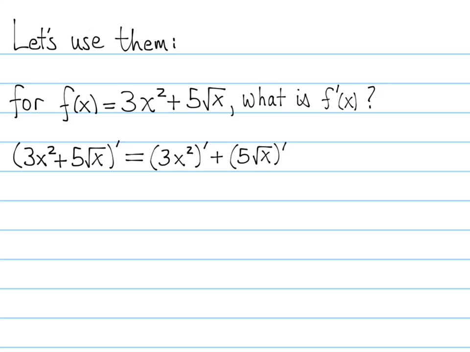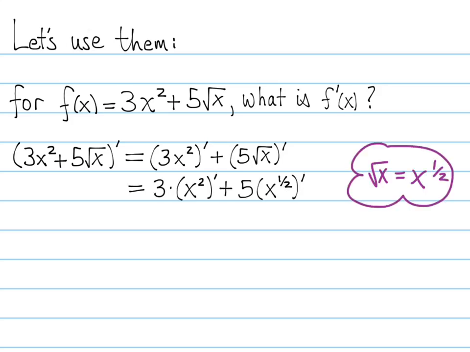Now both of these have a constant times a function. And so what we're able to do is pull out the constant from the derivative. So we just have 3 times the derivative of x squared plus 5 times the derivative of x to the half. Now I've replaced the radical with x to the half because now we're able to use the power rule rather than having to think about it in terms of anything else.